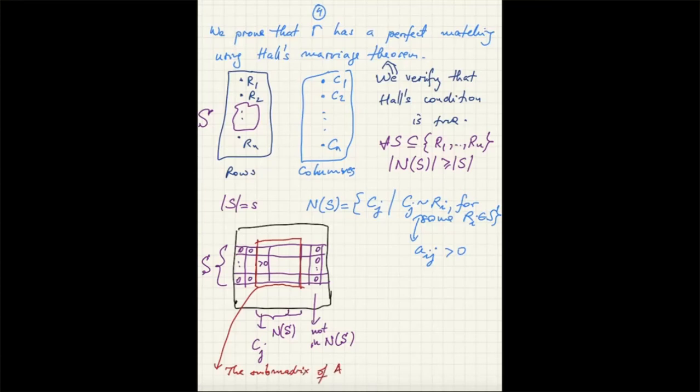This is the submatrix of A corresponding to the rows in S and the columns in N of S. Now, if you look at each row in this matrix, it doesn't have to have all entries positive, but definitely has at least one positive entry.